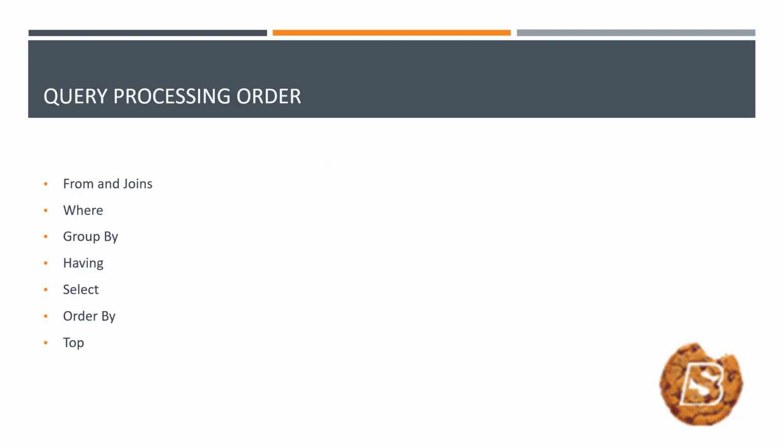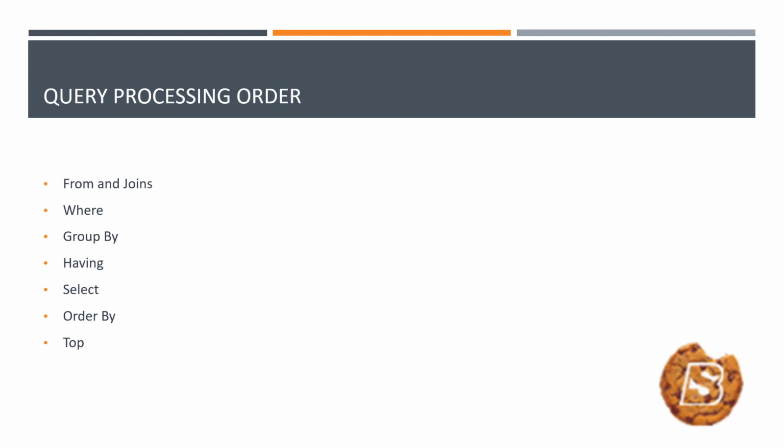Now let's cover the last bit of this course, that's query processing order. So whenever we are writing a SQL statement, there are following keywords that you might see. For example, we write select all from table name or join or group. So how exactly does SQL Server process it? The first thing that it does is it takes care of the from and joins clause.